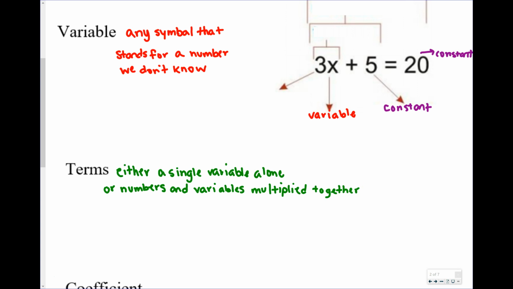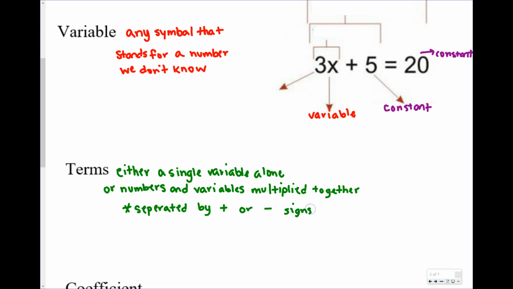Terms tend to be separated by plus and minus signs. So I'm going to put that little hint here that terms are separated by plus or minus signs.